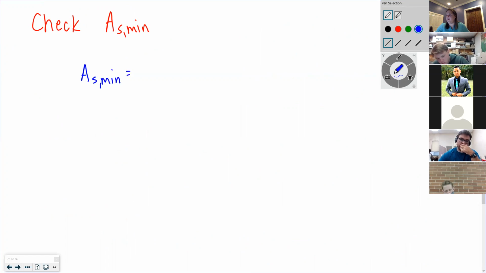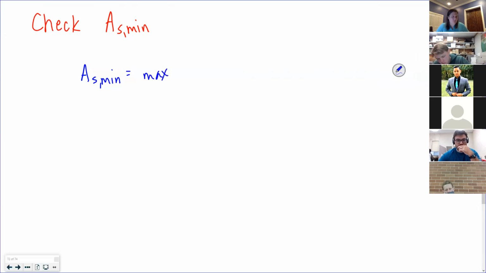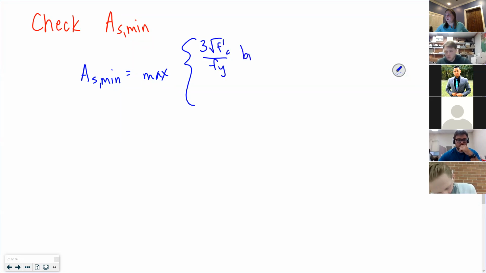This is the same as before, right? It's the maximum of 3 square root f'c over fy times bw d, or 200 over fy times bw d.